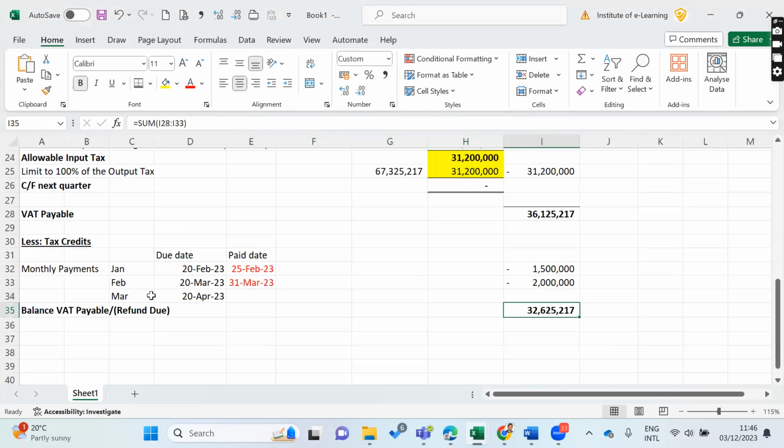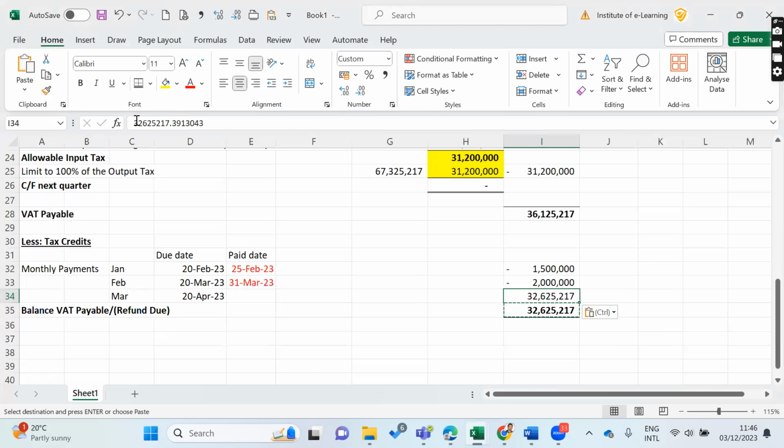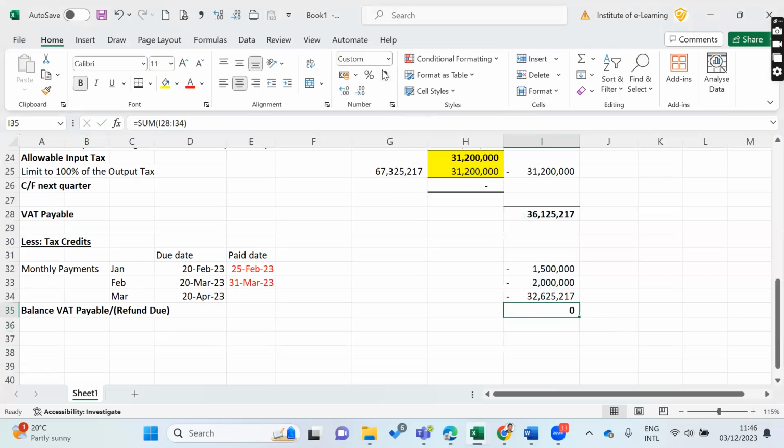Let's assume they have made this payment in this quarter. If they have made it, you can take that against this, and you will end up with zero payment.